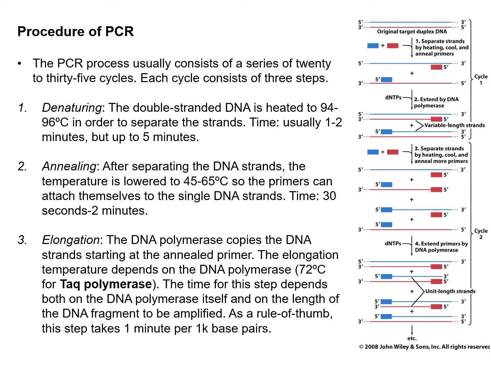So for example, you use 72 degrees C for Taq polymerase, which is one of the widely used polymerases for PCR reaction. And this time also depends on the efficiency and efficacy of this polymerase, as well as the length of DNA fragments that you're amplifying. And the rule of thumb is that you take 1 minute per 1 kilobase pair.